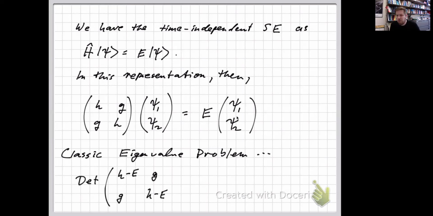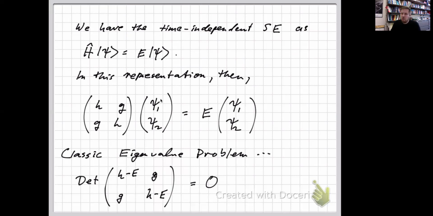What you realize is that if you bring the right-hand side over to the left and combine the scalar with the matrix, absorbing the E into the matrix, it appears on the diagonal as a minus E. That matrix multiplied by the column vector has to equal 0, because you've shifted the right-hand side to the left.